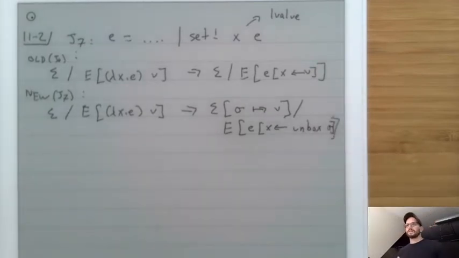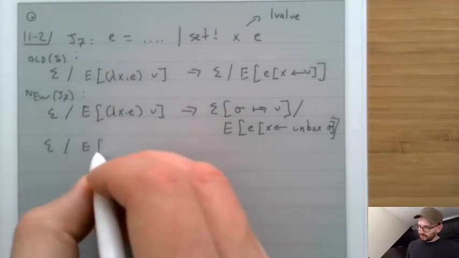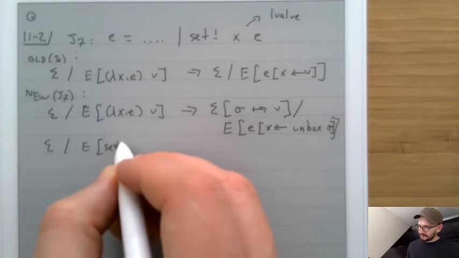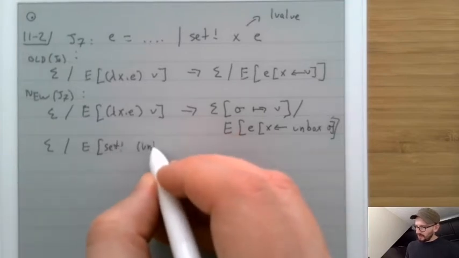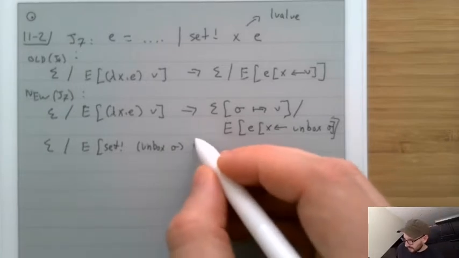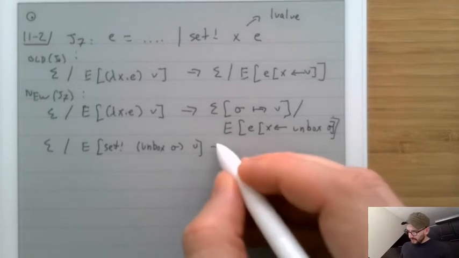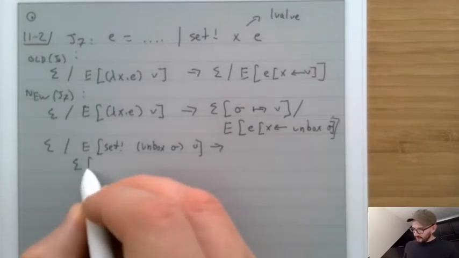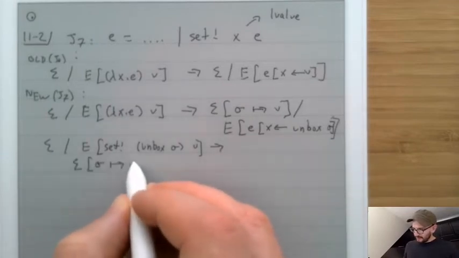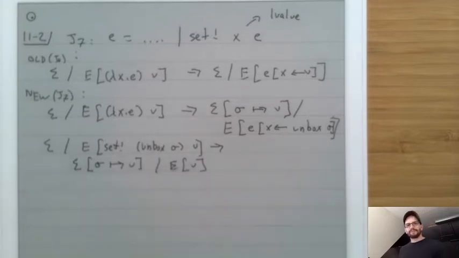Okay? Then what we're going to do is make it so that when you call set on unbox of some pointer and a v, then we update the sigma to point to the new value, and we return that new value on.